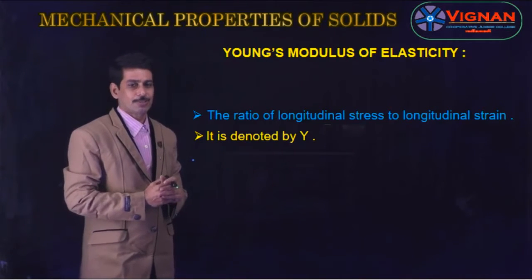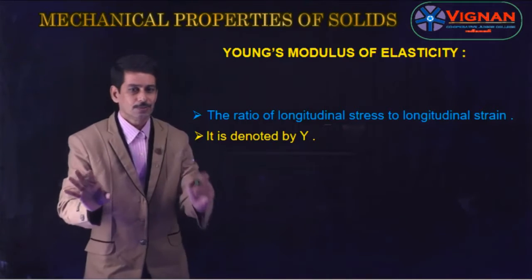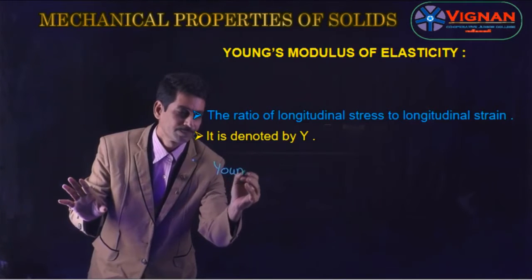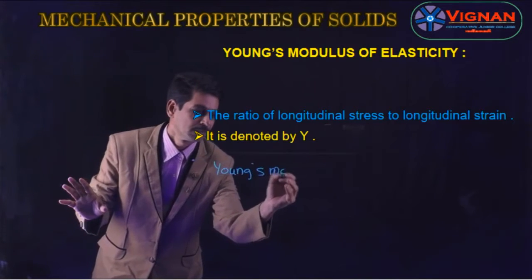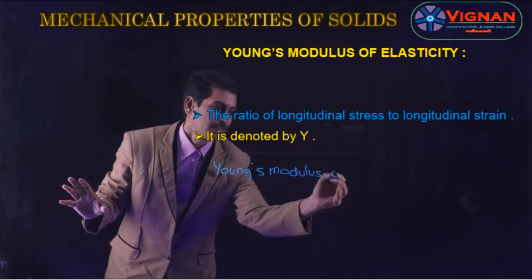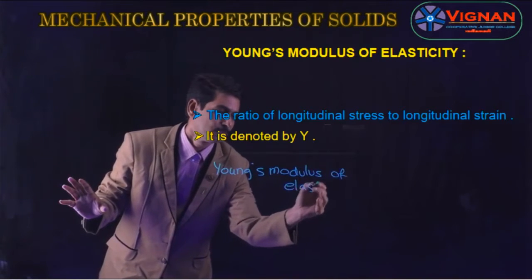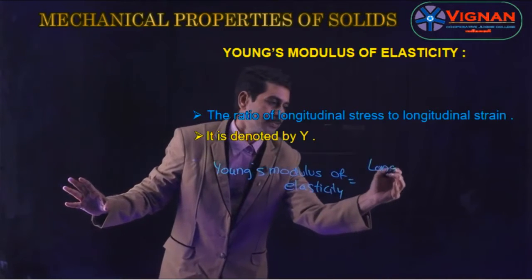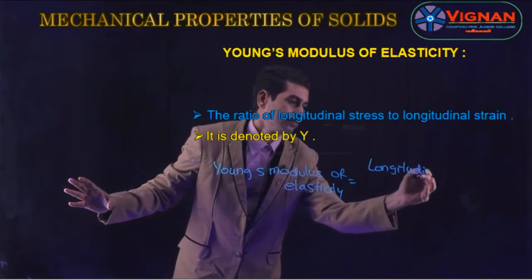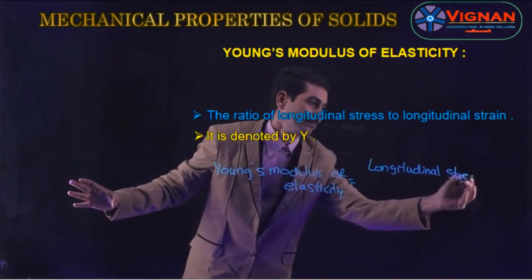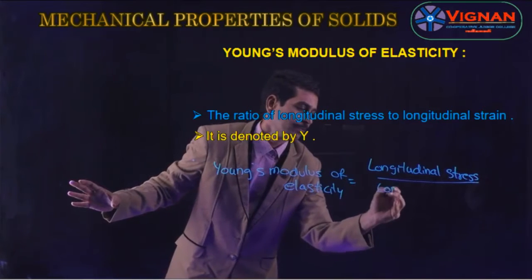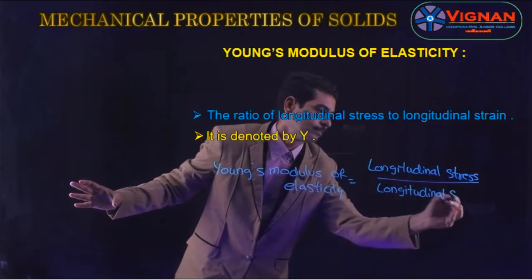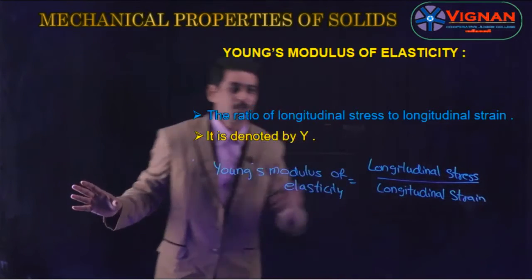The formula for Young's modulus of elasticity is Y equal to the ratio of longitudinal stress to longitudinal strain. So this is the expression for Young's modulus.